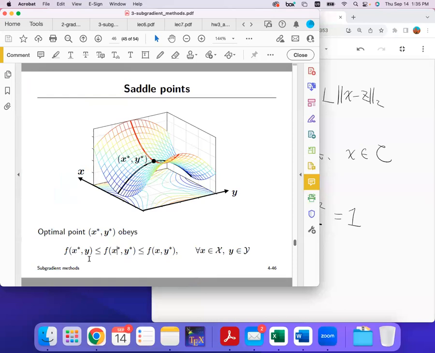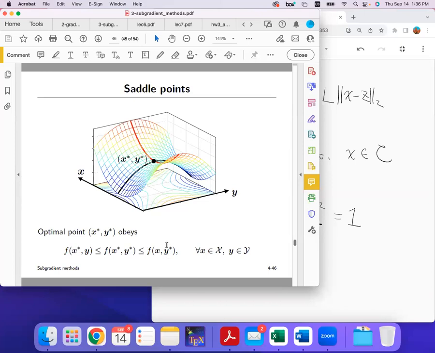We are maximizing over y, right? So if you only change y, you will only lower the function value. So that means y star is the optimal point. And if you fix y star and change x star to any other x, it will only increase the function value.